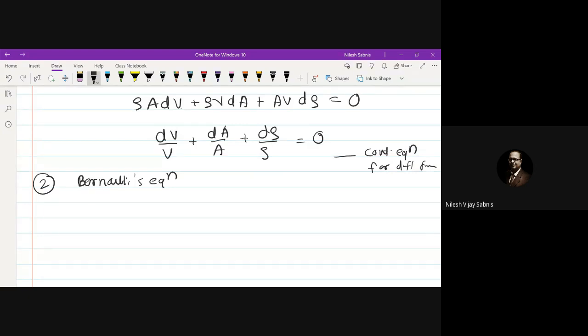A flow of fluid particle along a streamline in the direction S is considered, and we derived Euler's equation: dP by rho plus V dV plus g dZ is equal to 0.